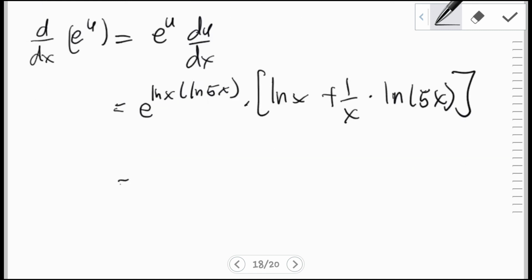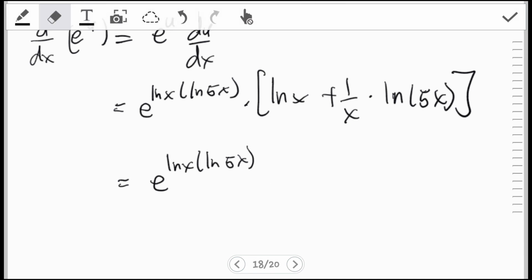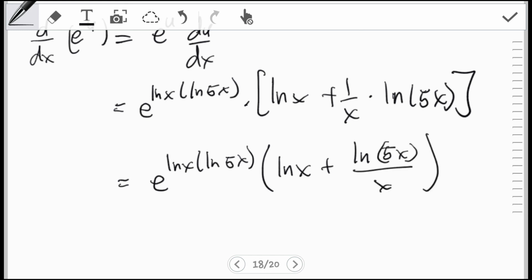So therefore, the final answer is e to the power ln x times the ln 5x, times ln x plus ln 5x, over x. So that is the final answer.